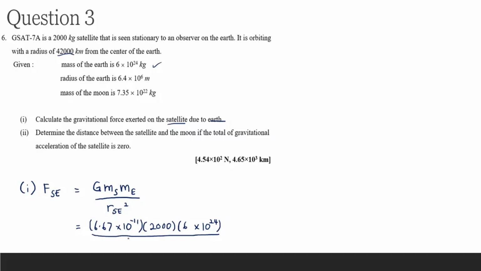So 42,000 kilo. Okay, kilo convert to meters. Then square that value. And finally, you'll get the value of F_SE. And it's supposed to be 4.54 times 10 to the power of 2 Newton.